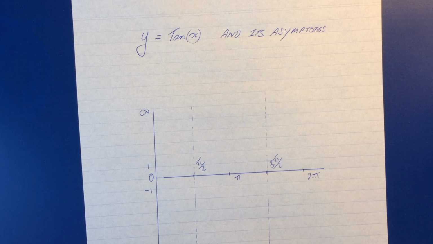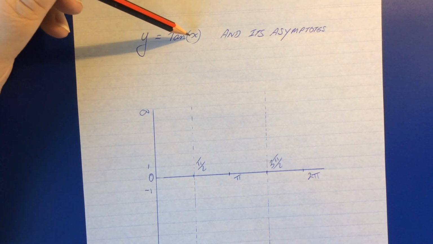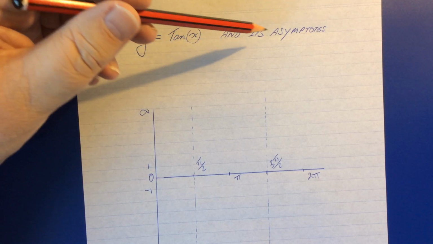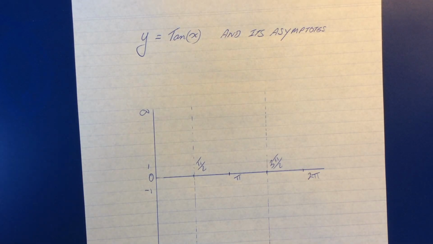Now, what we're looking at today is the graph of y equals tan of x and its asymptotes. So there are a few things to cover here. First of all, what is an asymptote?